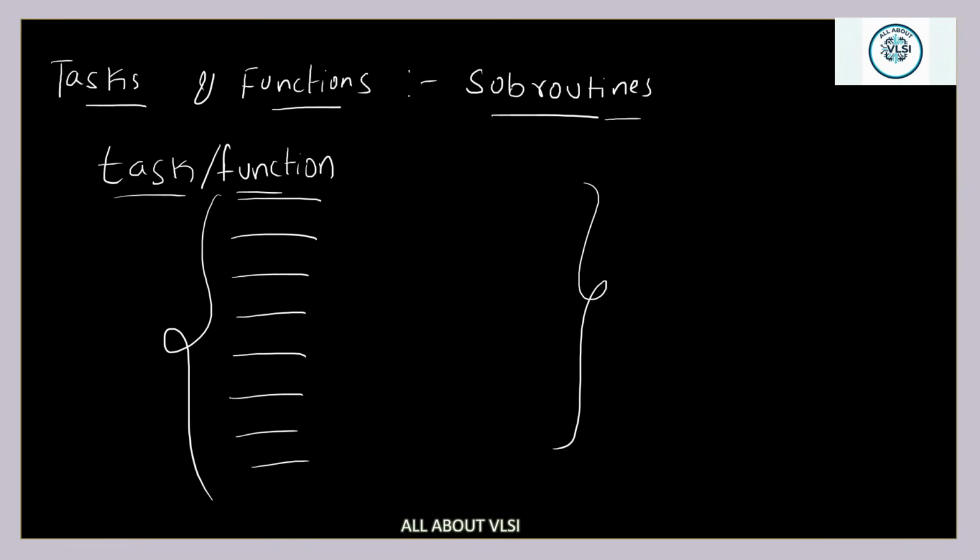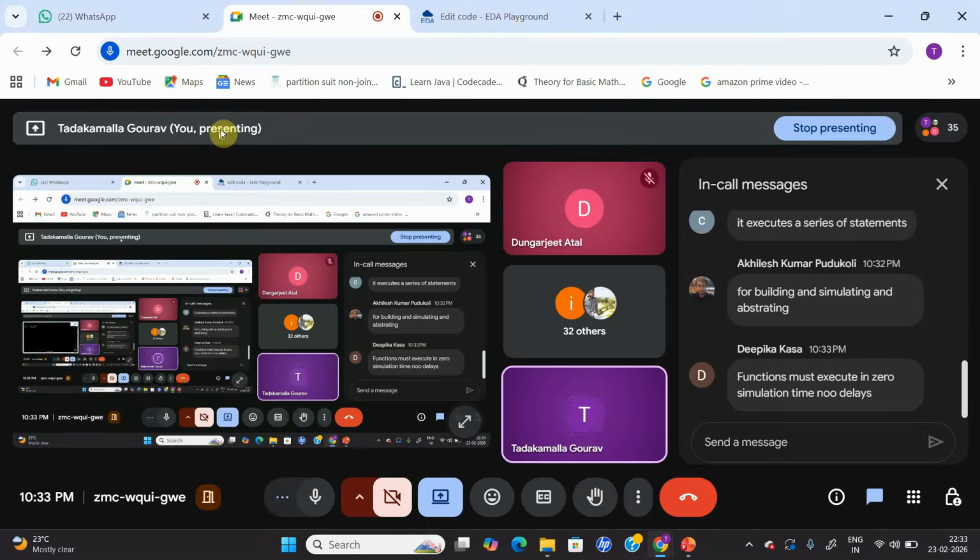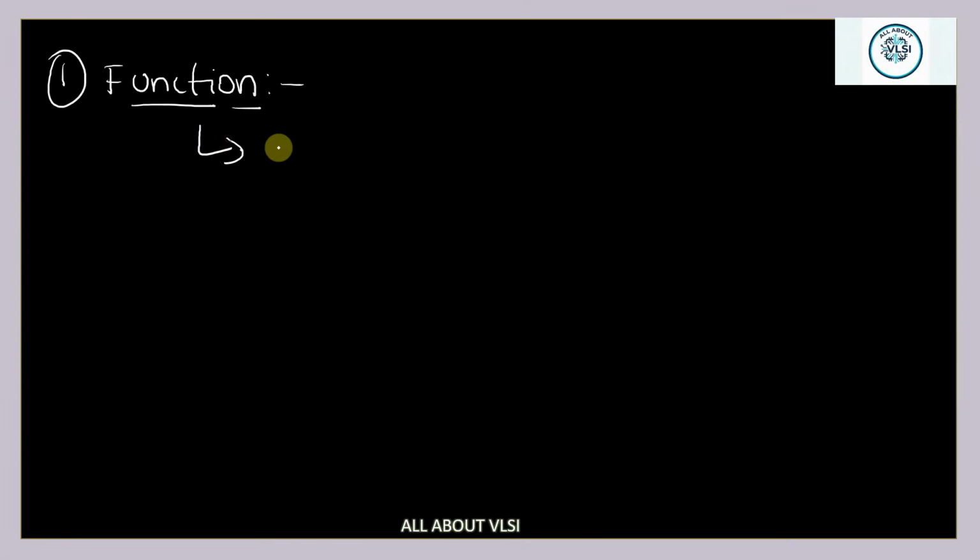Now let us first try to understand a function, and we'll come back to our task. Your function is also a subroutine, which we have already discussed. Here we need to understand some of the rules in functions. The main rule is that a function should have no delay.